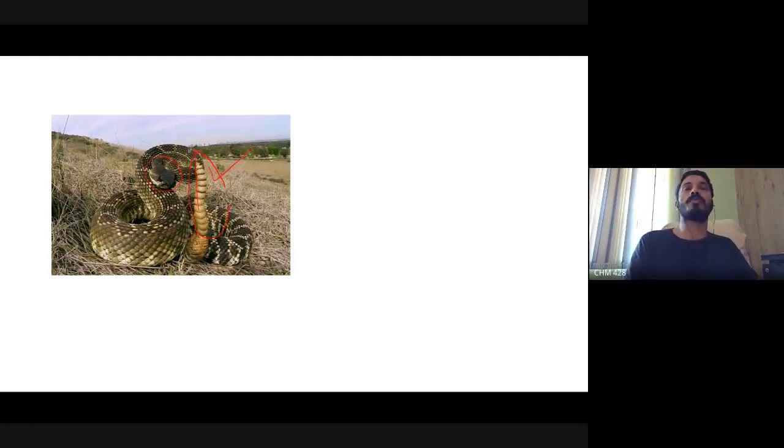The vibration of the rattle creates a static electric field in the body of the rattlesnake. And the rattlesnake can move the tongue back and forth. Therefore, the tongue also will have the same electric field. And this electric field is found to be positive in the case of the rattlesnake, which means the tongue also will have the same positive electric field.